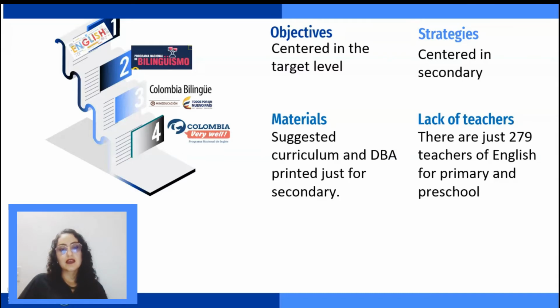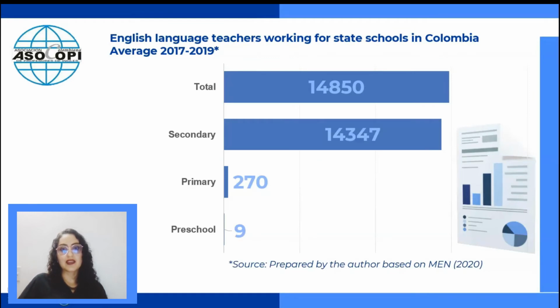And the last constant element that I found in all programs, and to me the most important one, is that in none of them was the lack of prepared English teachers for preschool and primary considered. This is a crucial point that has not been addressed yet, and I will share with you this figure for you to have an idea of how many English teachers are enrolled in official schools.